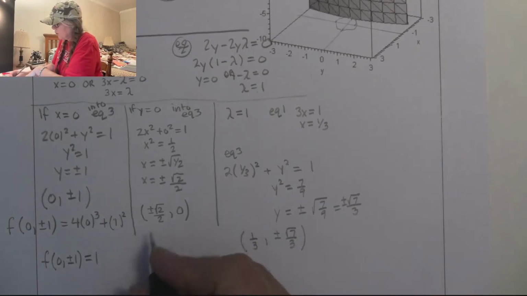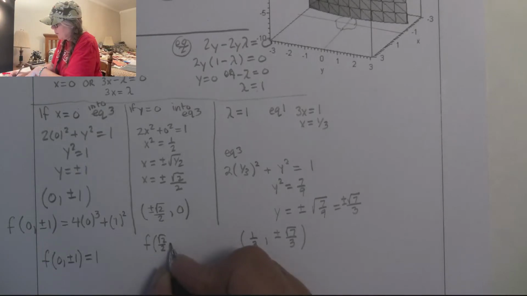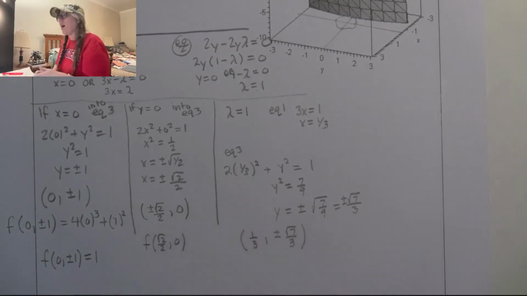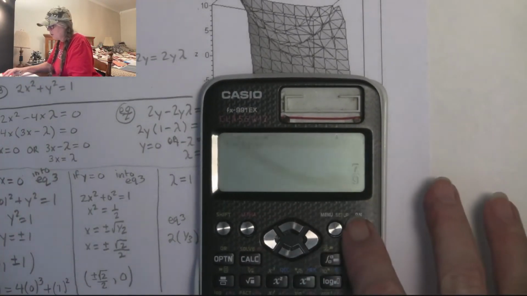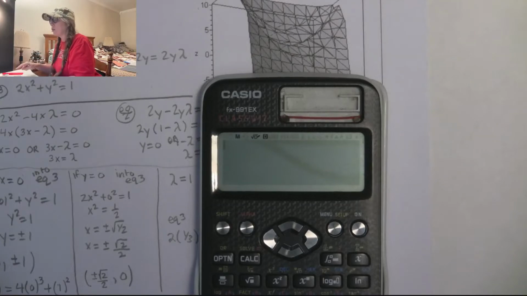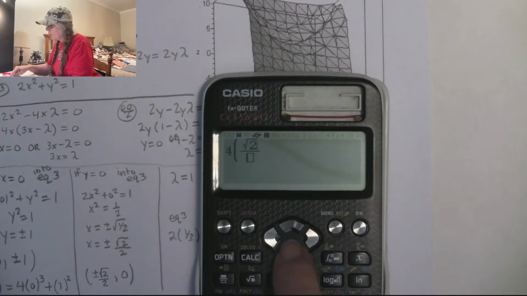Here I'm going to have to do it in two pieces. So f at square root of 2, comma 0. And I'm just going to put this in my calculator, friends, right? Why would I do this by hand over and over again? That's silly talk. So this is 4, and then raised to the third, I'm going to have a fraction, square root of 2 over 2.